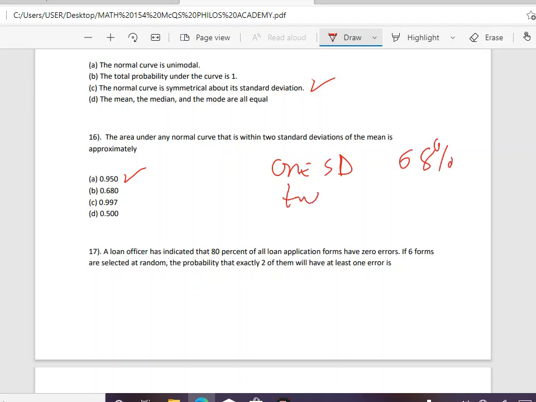Between 2 standard deviations is approximately 95%. And between 3 standard deviations is approximately, I think, 99.7%. So the answer for this, they said two standard deviations, so the answer is A, 95%. 95% converted to decimal is 95 divided by 100, 0.95.